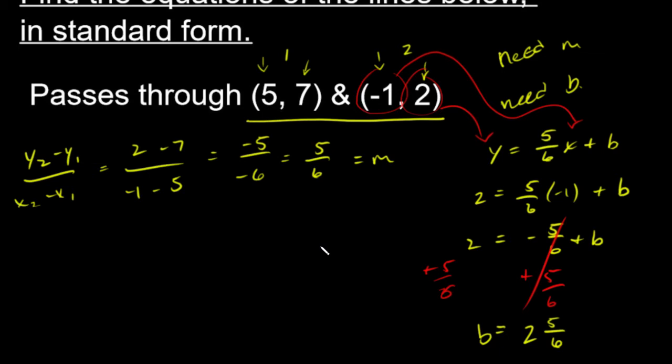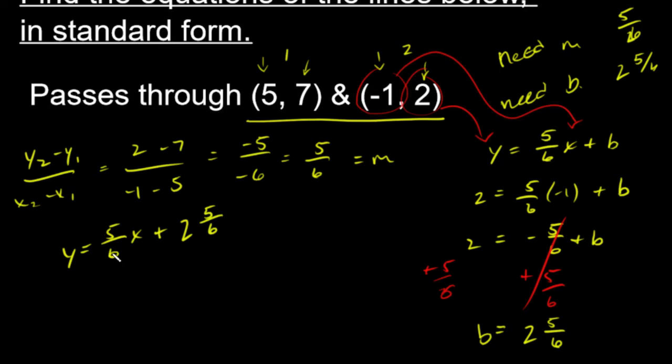So we got our m, that was 5/6, and then we needed b, which was 2 and 5/6. That's odd, and this doesn't look like a 6, but it is, right? So that's y equals 5/6 x plus 2 and 5/6.